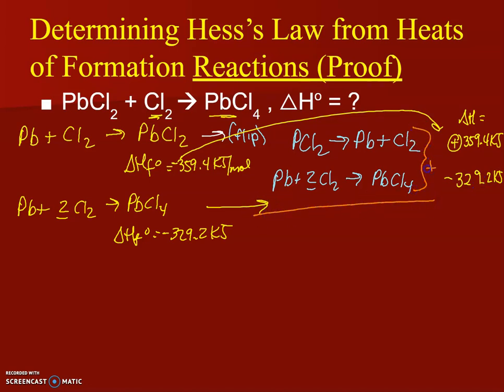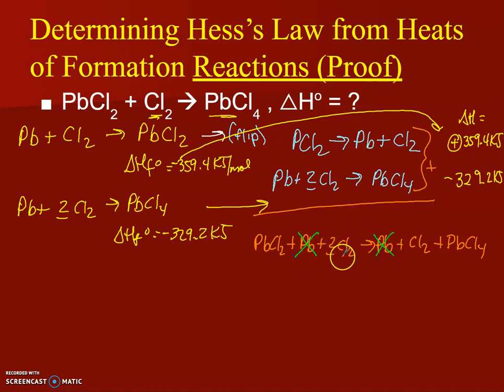So what do I do with these two values? I am going to add them together. And I get PbCl2 from the first one plus Pb plus 2Cl2 yields, on the right side, these three things: Pb plus Cl2 plus PbCl4. Then ask yourself, what cancels out? I have a Pb on the left and a Pb on the right, so I'm going to cancel them out.